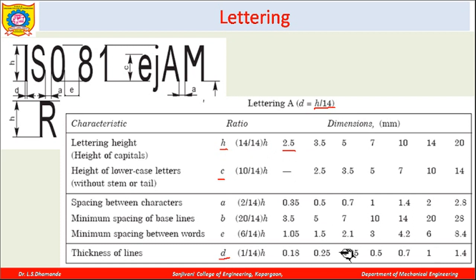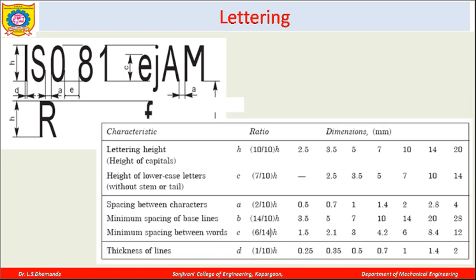If d is 1, then h will be 14, and in that proportion all other values are available here. Whatever the thickness of your line, this is 0.1, 0.25, 0.35, 0.5, 0.7, 1, and 1.4. So if I am using a 1 mm line thickness, 14 mm will be the height of my capital letter. This is the way you can use this table.